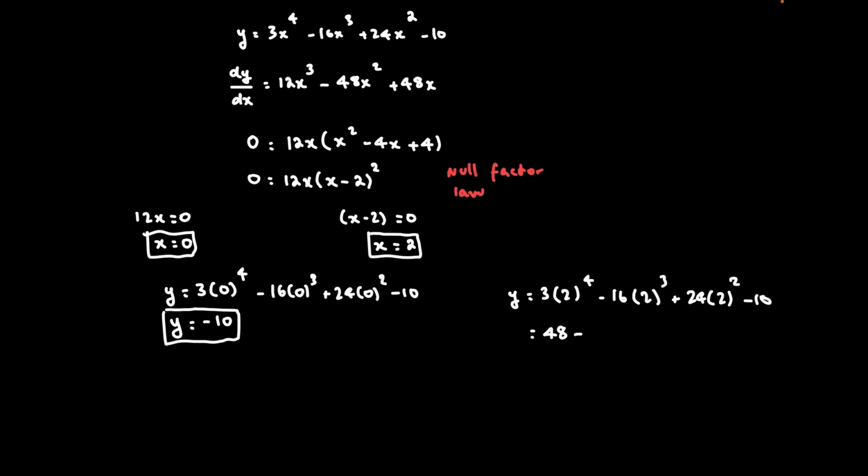Minus 16 times 8, which is 128, plus 24 times 4, which is 96, minus away 10. So these two terms will cancel, and all we're left with is 38. So these are our two coordinates for which we have a stationary point.